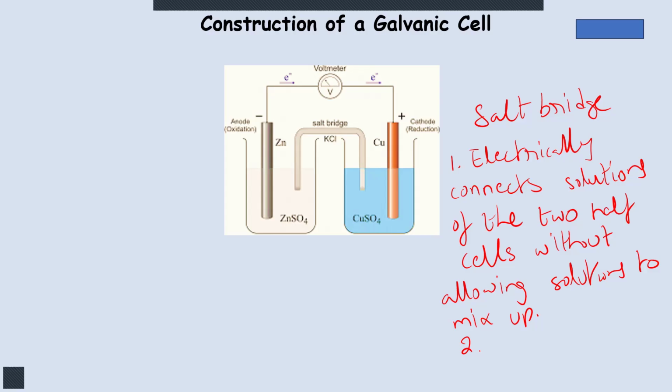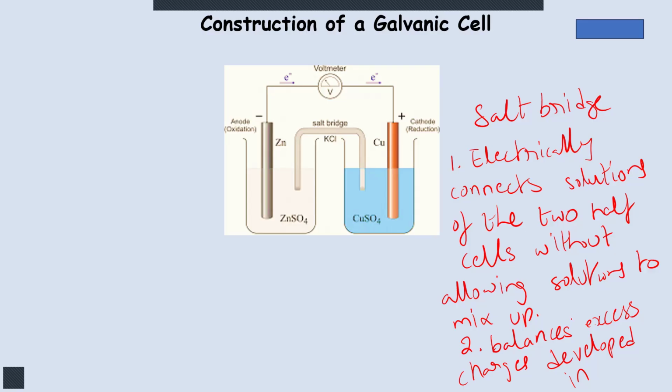Then further, the salt bridge balances excess charges developed in the solutions. During the process, some charges will be developed in the solutions. That excess charge will be neutralized by supply of oppositely charged ions from the salt bridge.